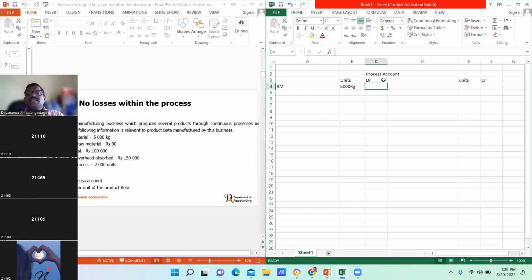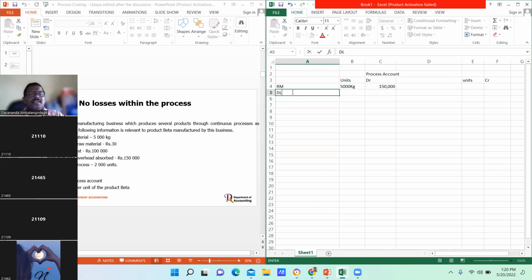Thereby the value is 150,000 that you are inserting into the system or the process. That is how you prepare the process cost, with regard to the input. You also insert direct labor. Direct labor is 100,000, but you can't put a unit column here. We put units only for the raw material. And also you see production overheads.